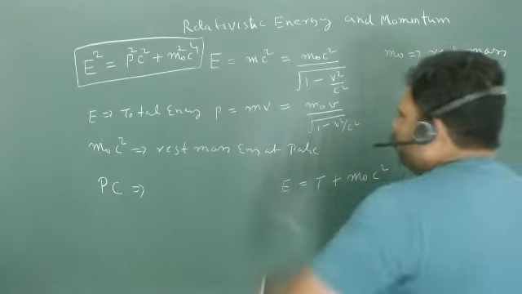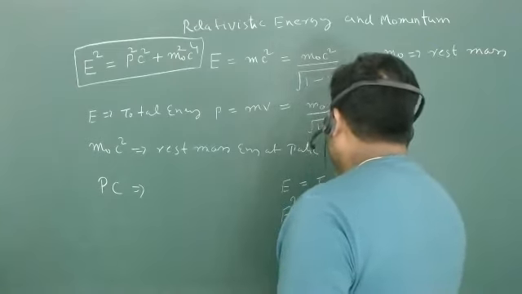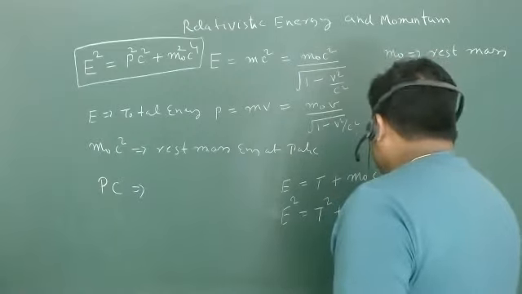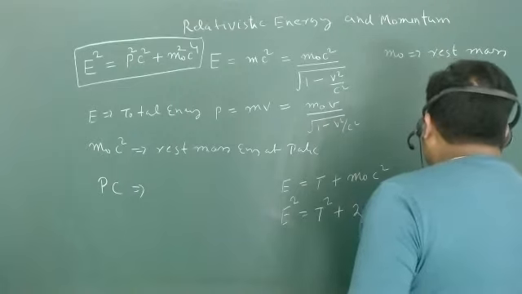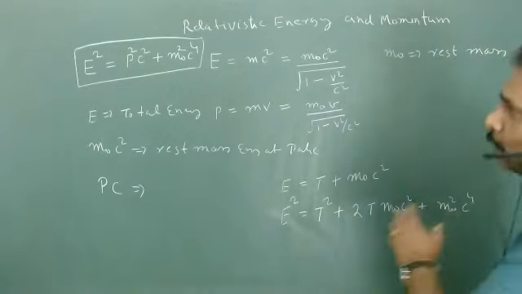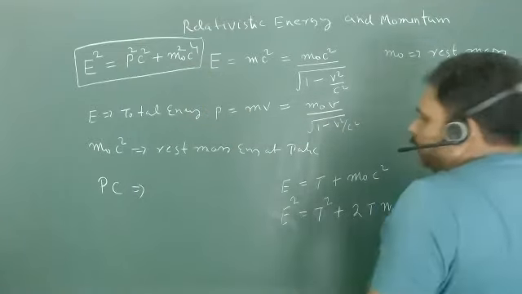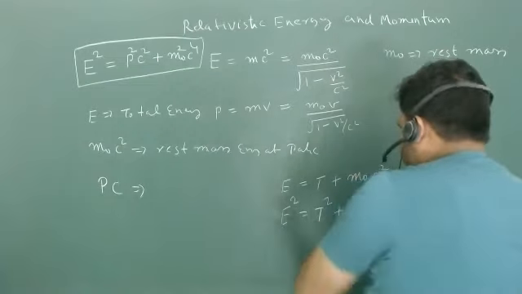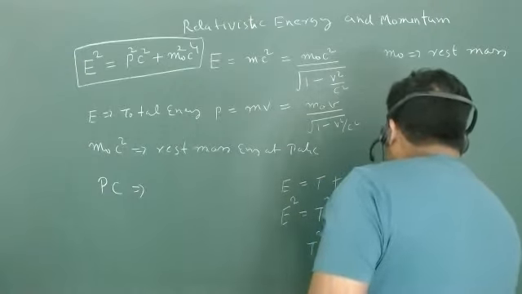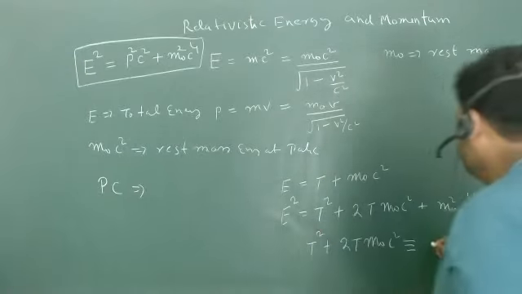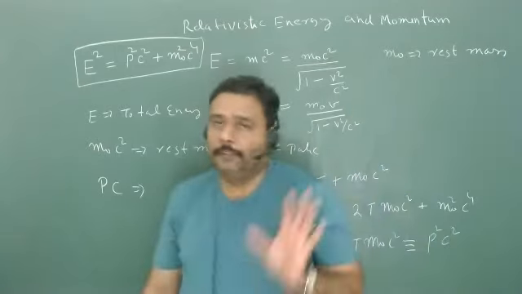When you square both sides, E square is equal to T square plus 2T m naught c square plus m naught square c to the power 4. Comparing these two expressions, T square plus 2T m naught c square is equivalent to P square C square. So this is absolutely not kinetic energy square.